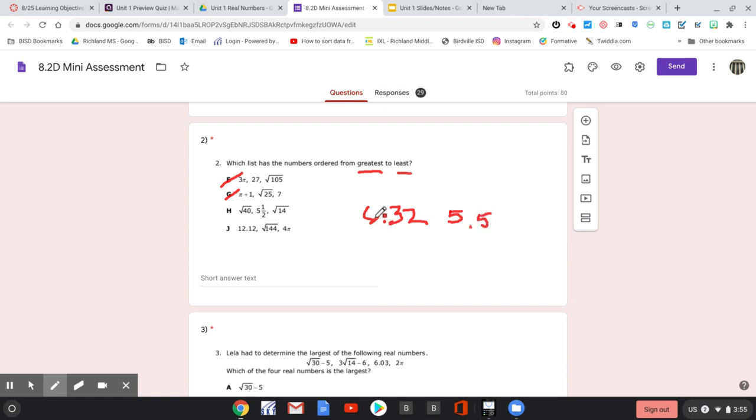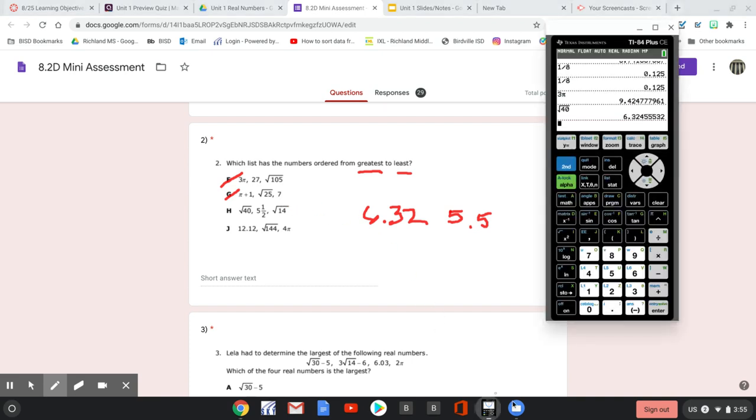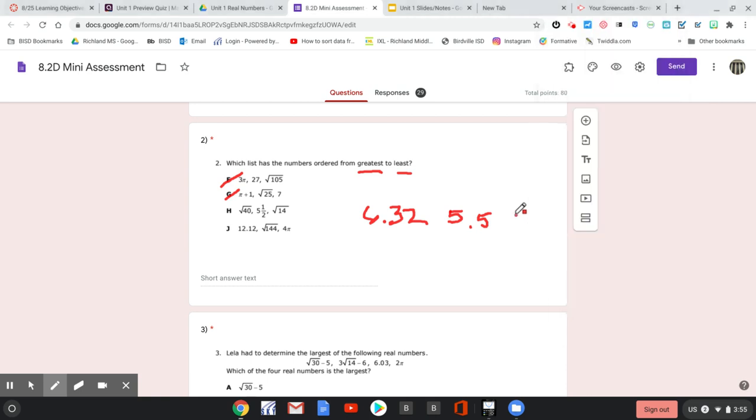So I like it because 6 is bigger than 5. And the next one is square root of 14, and I see that's 3.74. So I like this, 3.74, because it's going down. This is the biggest one, 6, then 5, then 3. That is probably our answer, but let's look at this.